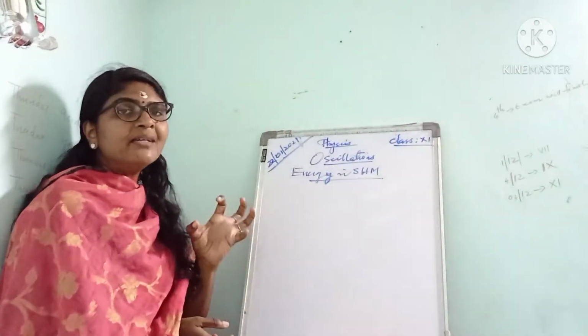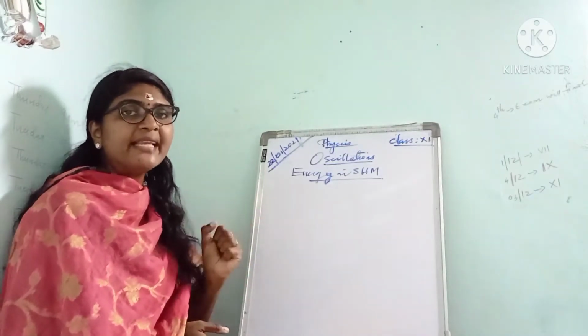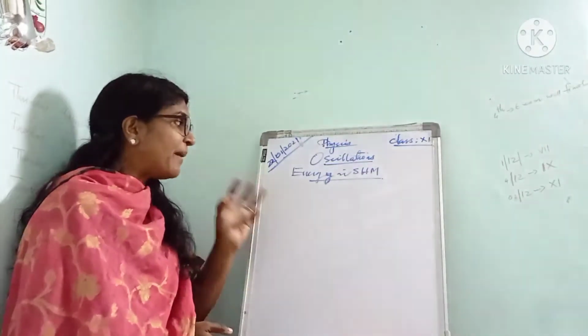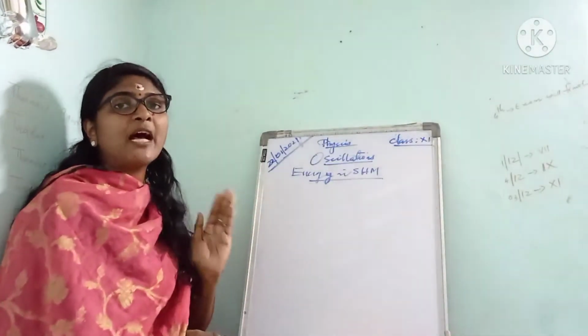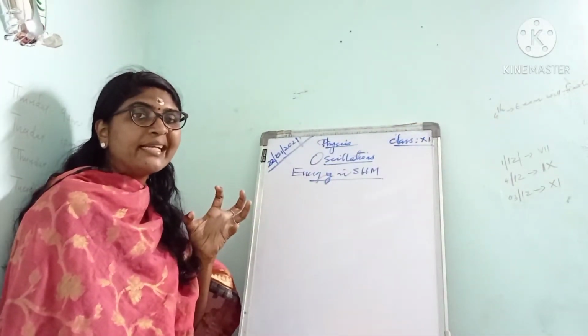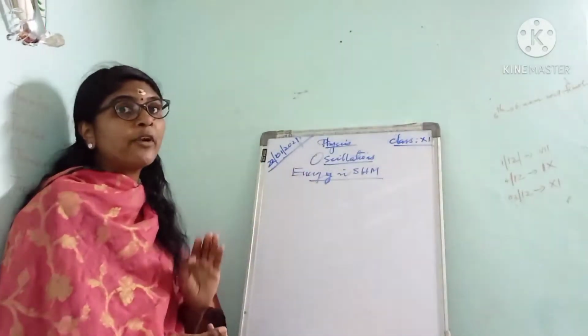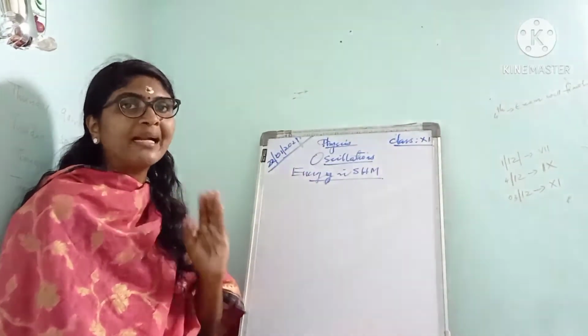We have to derive an expression for the total energy, that is the mechanical energy, of a particle executing simple harmonic motion.